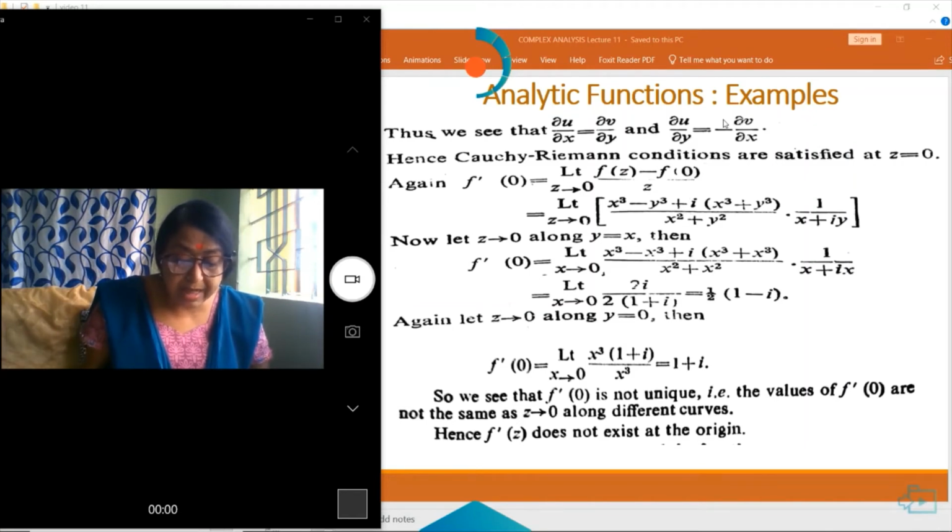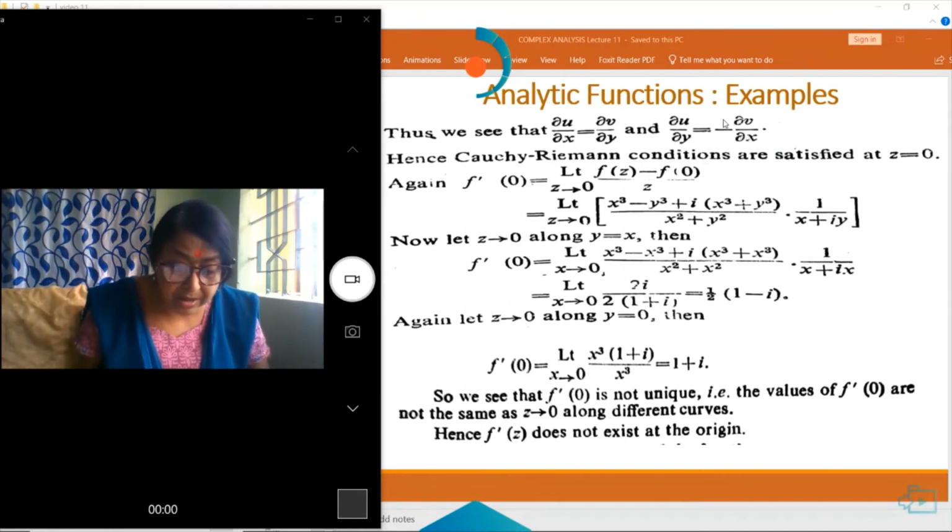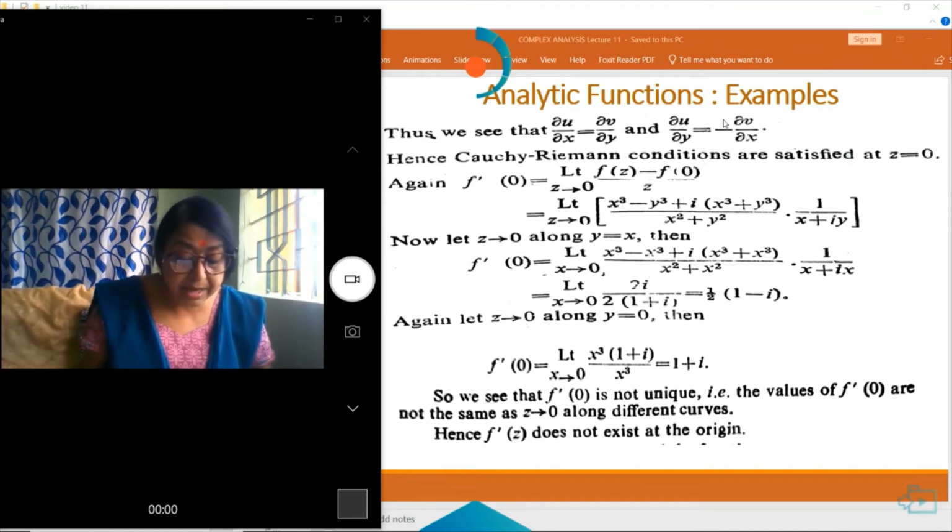So we can say that f'(0) is not unique. These two are different. That is, the values of f'(0) are not the same as z tends to 0 along different curves. Hence, f'(z) does not exist at the origin.